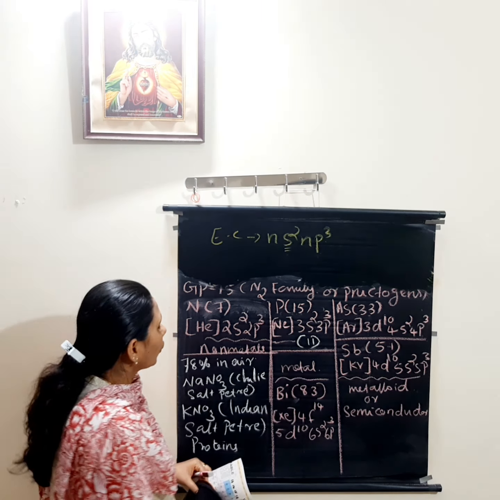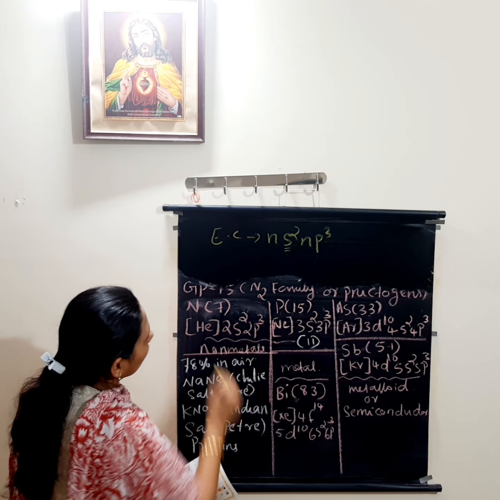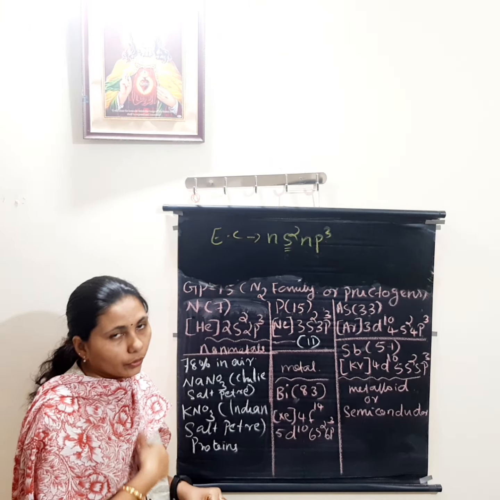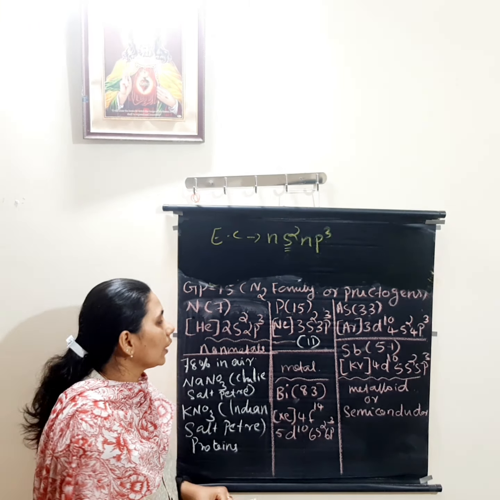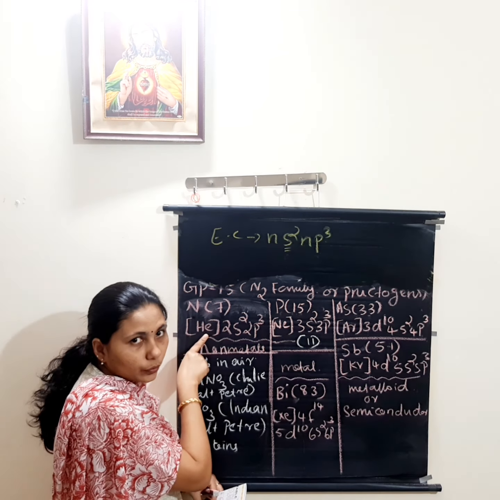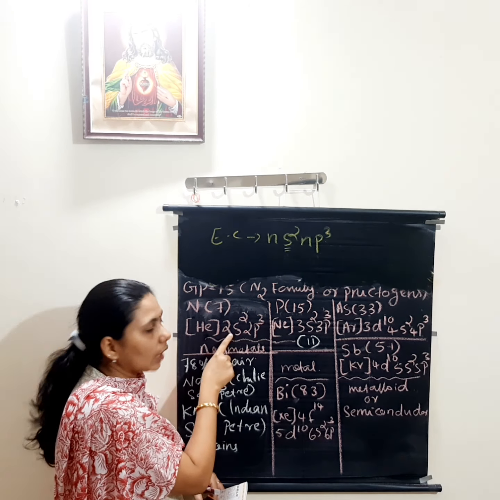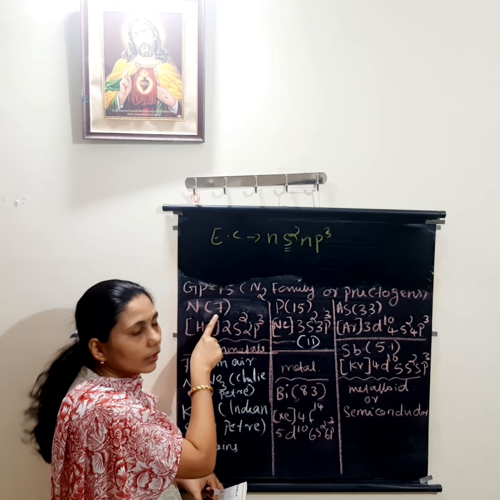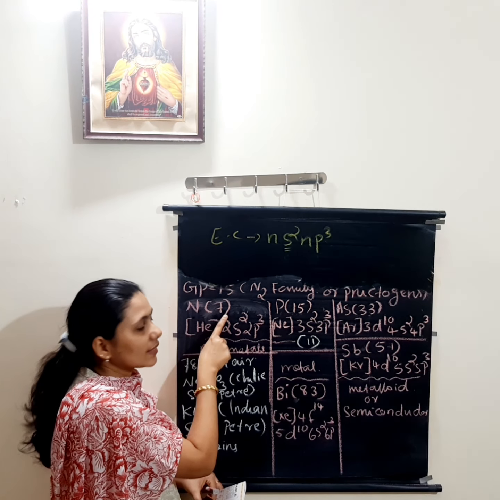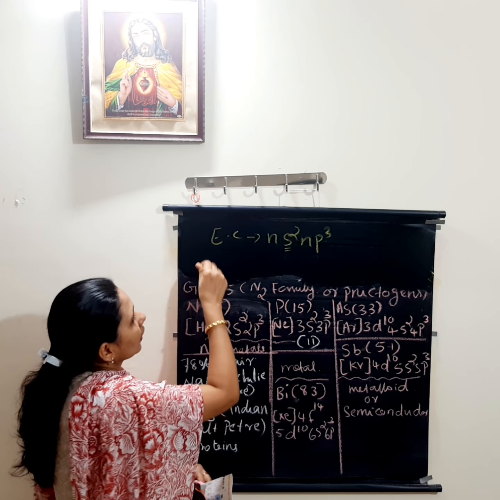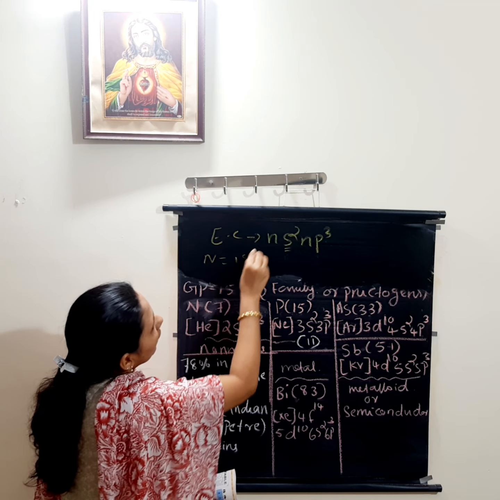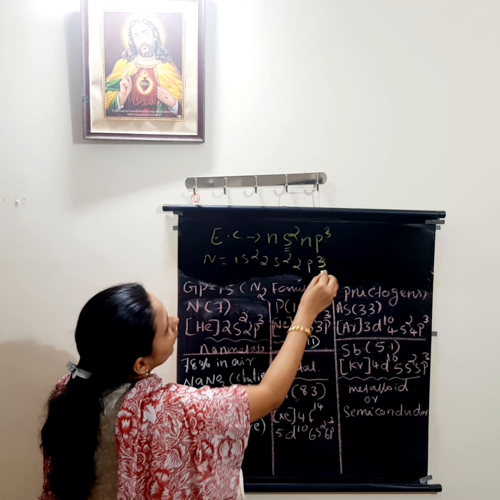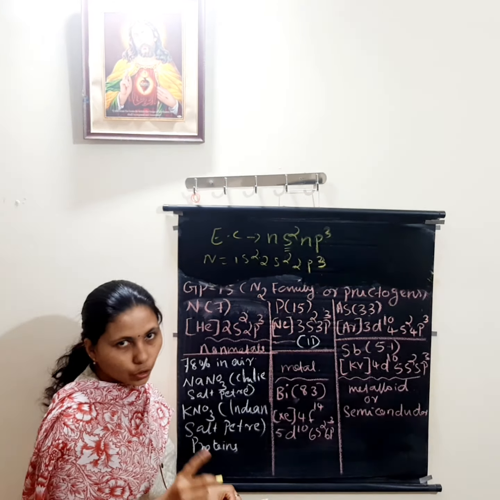Okay. So first we write the electronic configuration of nitrogen. For easy writing, we first write the noble gas, then the outer electronic configuration. Nitrogen has atomic number 7, so we can write 1s2 2s2 2p3. 3 plus 2 is 5, plus 2 is 7.